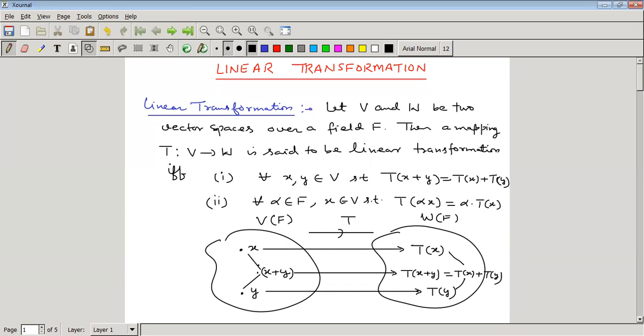So if we add the elements of the domain, then the output of that element is the same as the sum of the outputs of their individual images, that is T of x plus y equals Tx plus Ty.